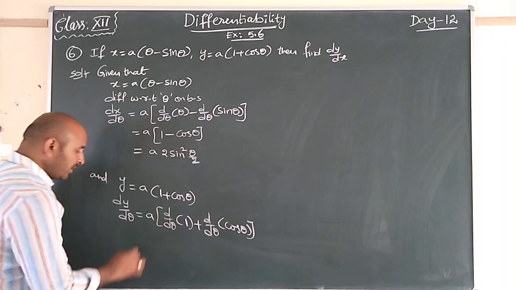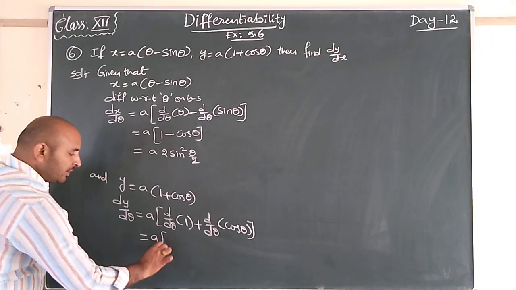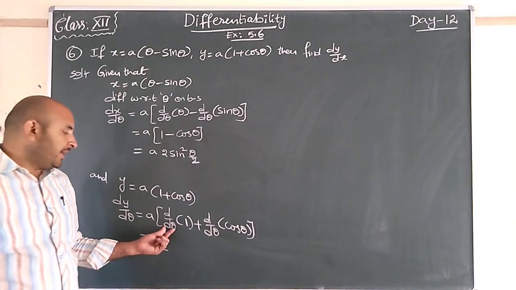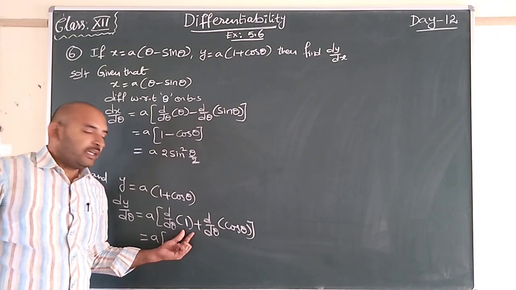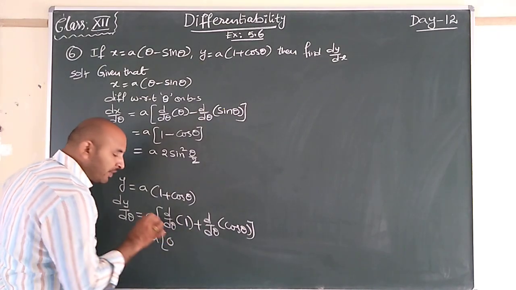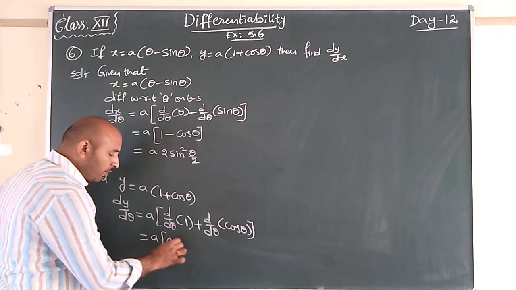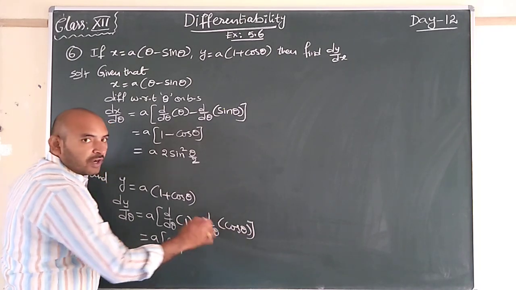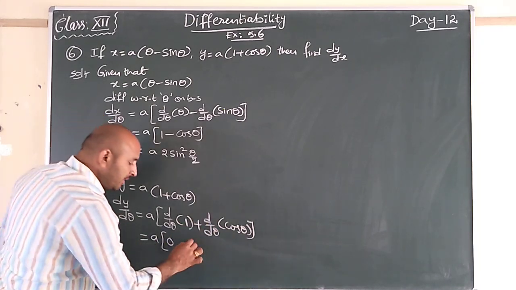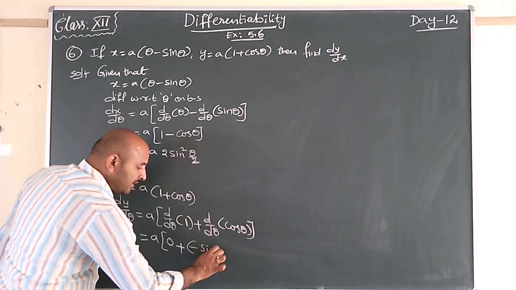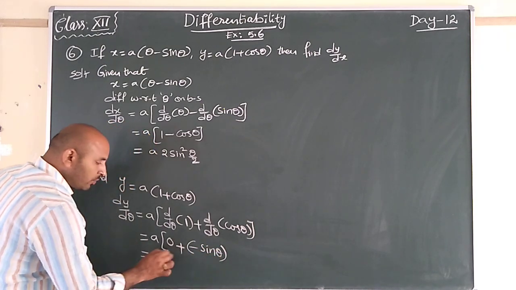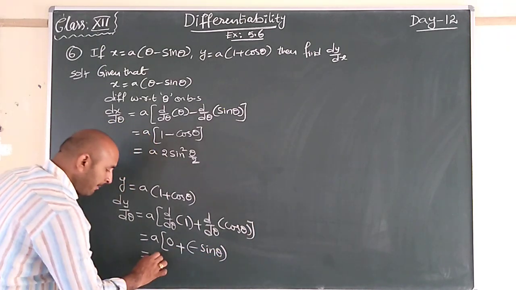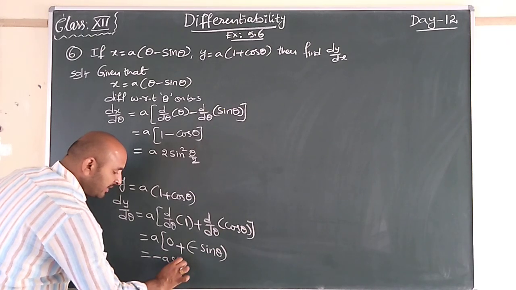It is equal to a into the derivative of constant; 1 is a constant, so this value is equal to 0, plus the derivative of cos theta, direct basic formula, which is minus sin theta. It is equal to minus a sin theta.